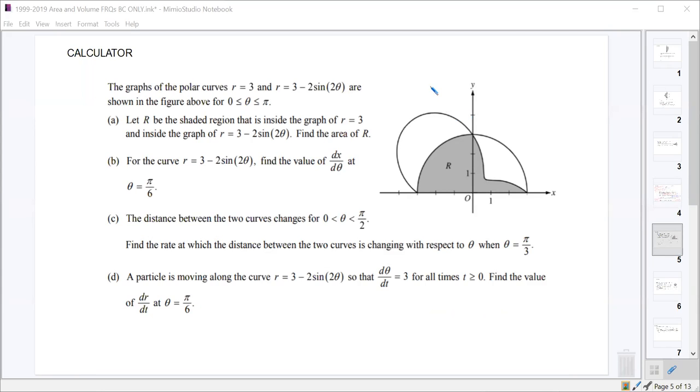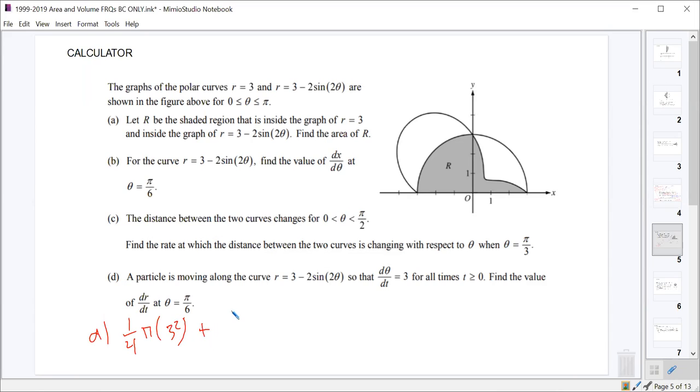Perfect. Yeah, that's what I would do. So just take this quarter of a circle. What's that quarter of a circle? That's 1/4 pi times the radius squared. It's got a radius of 3 based on the fact that it's a circle r equals 3. So 1/4 pi times 3 squared.